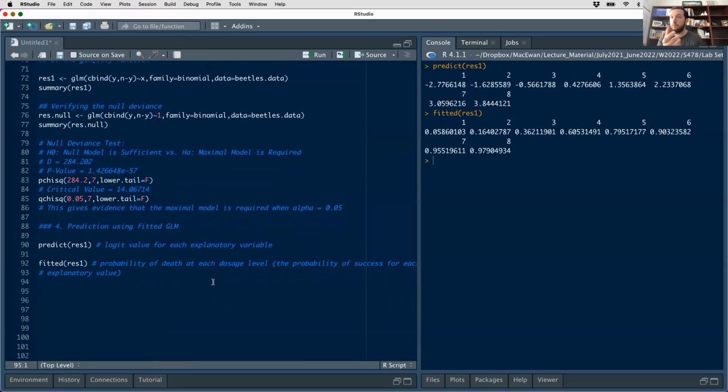Whenever we use predict, you are getting the raw value of the response with the link function attached to it. Whenever you use fitted, it's actually taking the fitted model and finding the underlying value for you. So in our case, or in any of the binomial cases, that would be the probability of success.